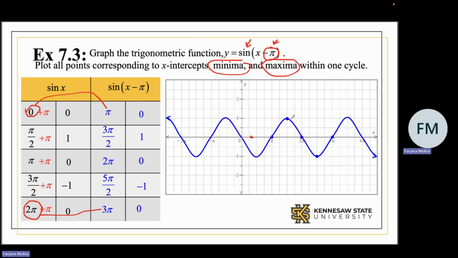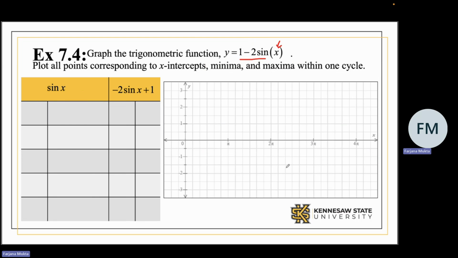As you can see, the maximum and minimum of our sine function here is still -1 and 1, right? Okay, let's move forward to our next example.